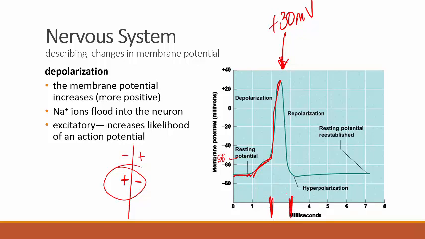That's the course of 1 millisecond, one-thousandth of a second. We see that section of the membrane reverse polarity, so that the interior is more positive and the exterior is more negative. And depolarization occurs because the sodium channels open and sodium floods into the cell.